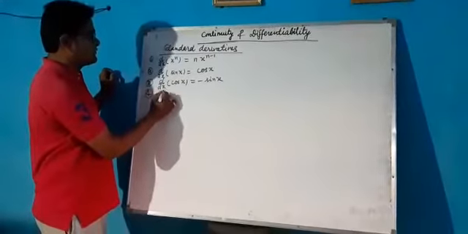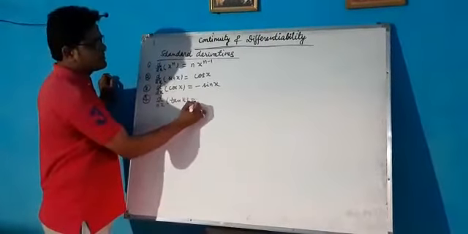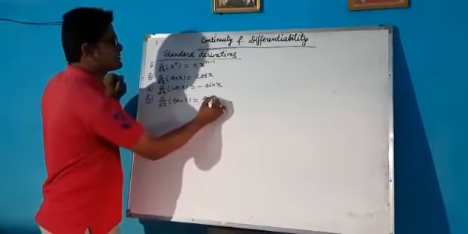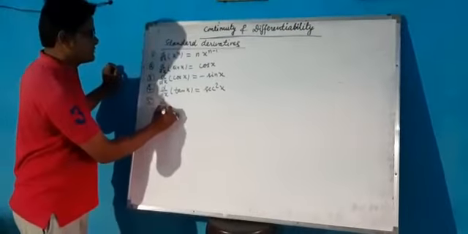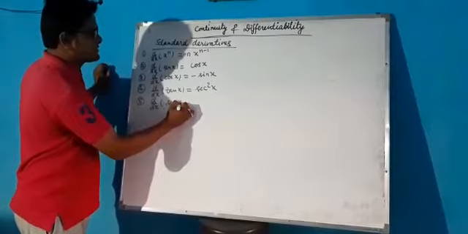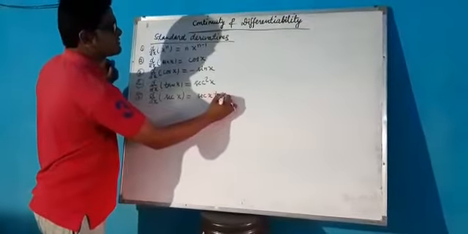Derivative of the tangent function of x is equal to sec square x. Derivative of the secant function of x, that is sec x, is equal to sec x into tan x.